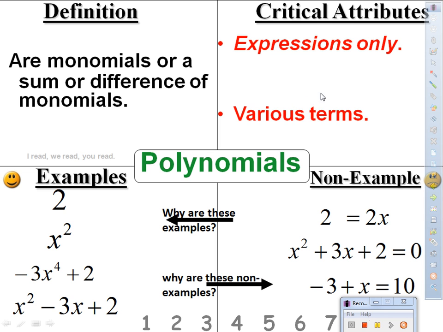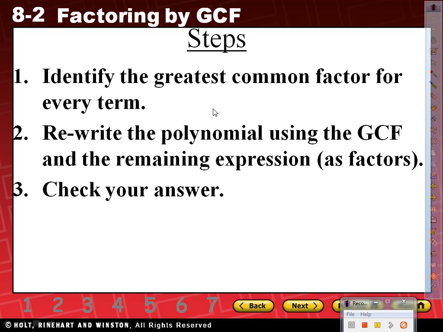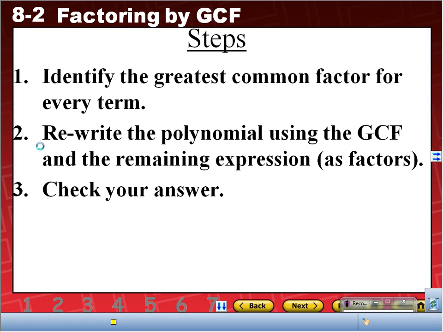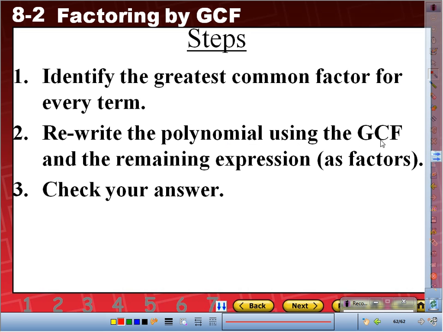All right. Steps. Copy these down, please, and you can abbreviate if you want. Step 1: identify the greatest common factor for every term. Step 2: rewrite the polynomial using the GCF and the remaining expression, and in parentheses, I wrote as factors. And at the end, check your answer. So once again, step 1, identify the GCF for every term.